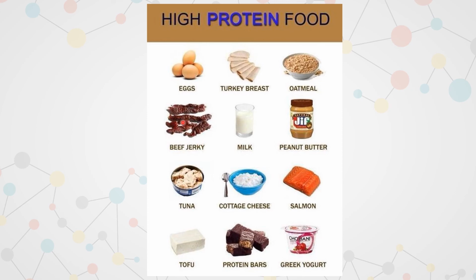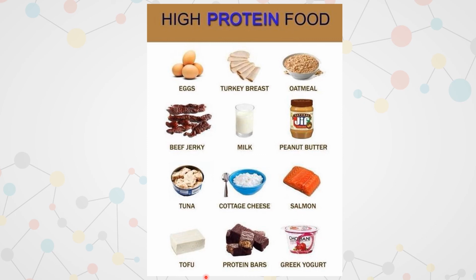So these are the foods that are high in protein. We have eggs, turkey breast, oatmeal, beef jerky, the milk, peanut butter because it's composed of peanuts. Peanuts are rich in protein. We have tuna. We all know that meats are our main source of protein. We have cottage cheese, salmon, another meat, tofu.